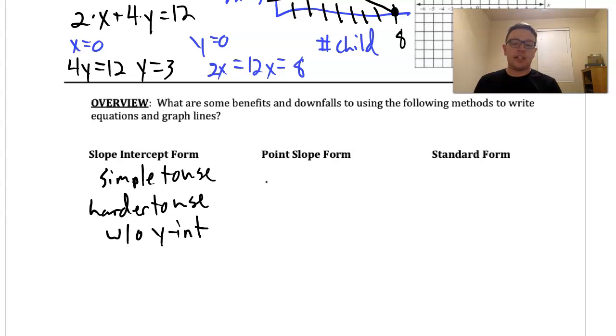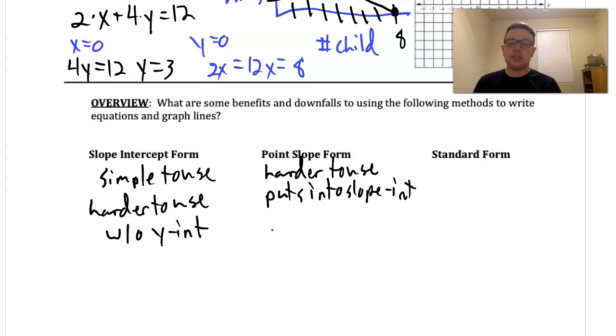Point-slope form is slightly harder to use, but what's the nice part? It already puts it into slope-intercept form for us. And we can do it with any point.